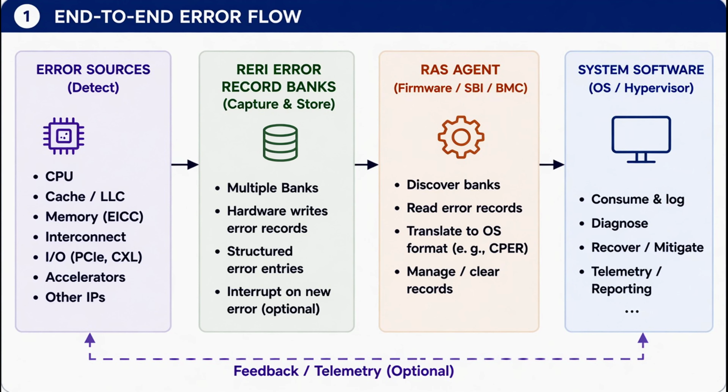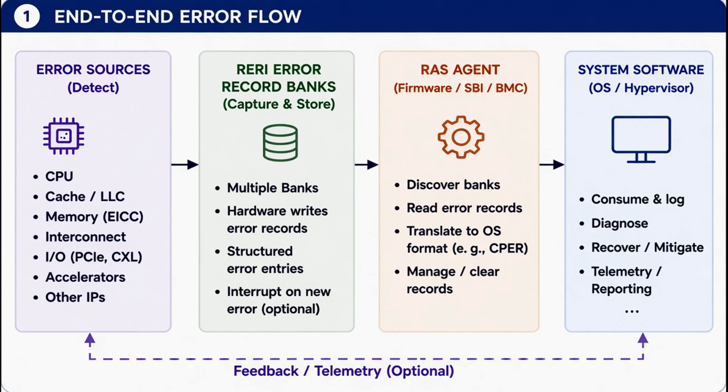When one of them detects an error, it doesn't just raise an interrupt and hope for the best. Instead, it writes a structured record into a RERI error record bank. The second stage. The bank captures what happened, where it happened, and how severe it is. It can optionally raise an interrupt to wake up the next stage.